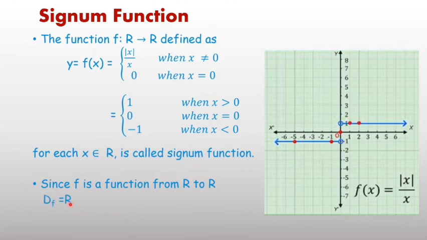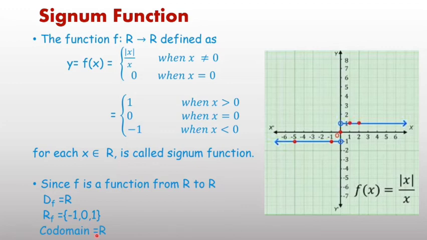The domain of this function, all real numbers. Range means values of f(x). And values of f(x), only 3 values of f(x) you will get: minus 1, 0 and 1. Minus 1 you will get when x is less than 0. f(x) equal to 0 if x equal to 0, and f(x) equal to 1 if x is greater than 0.